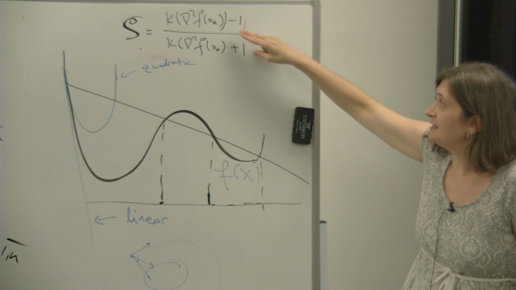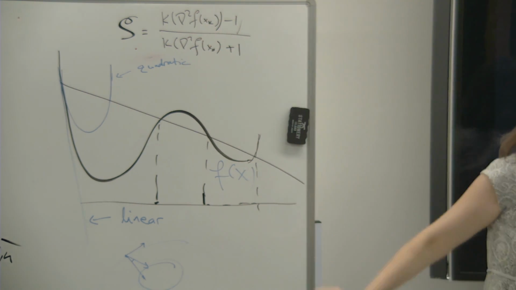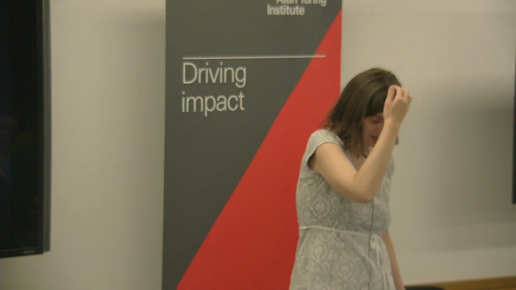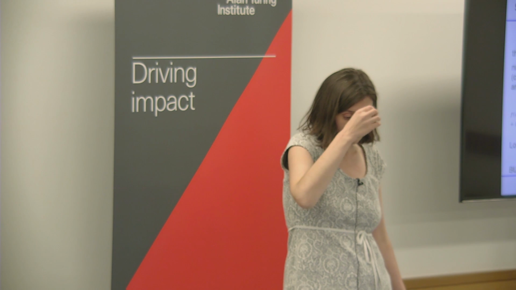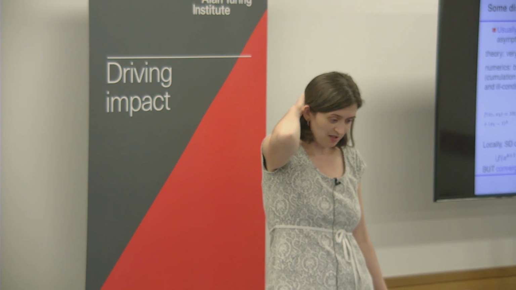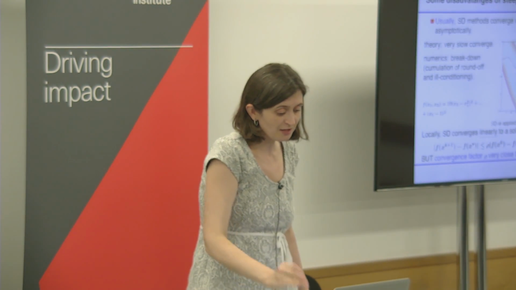And you can see that as k grows, this rho approaches 1. And that's actually the rate you see usually for steepest descent. Okay, so this is not good. So you have this scalar dependence connectedly to rate, slow rate, even close to a solution.